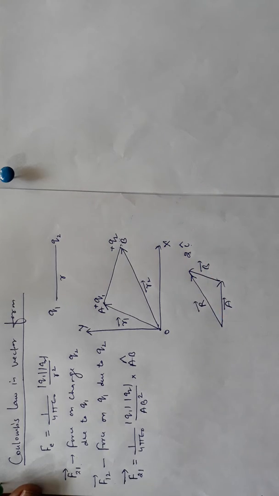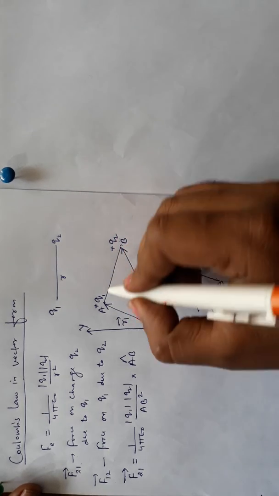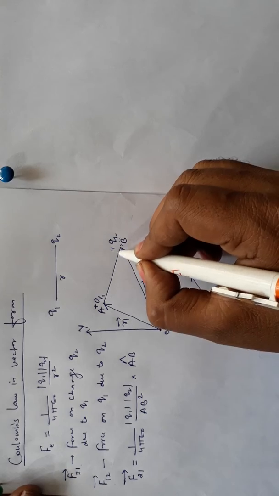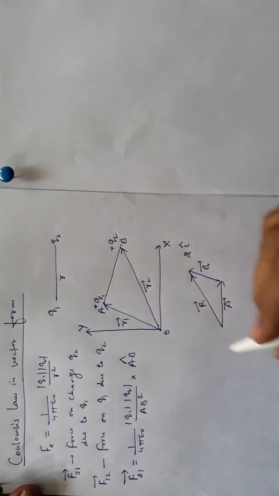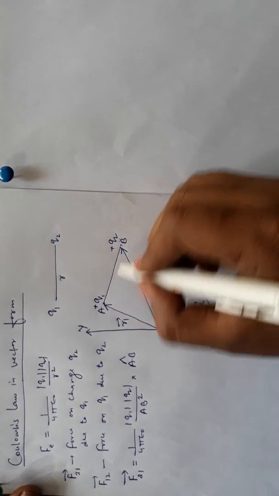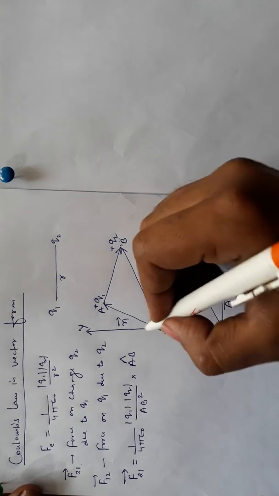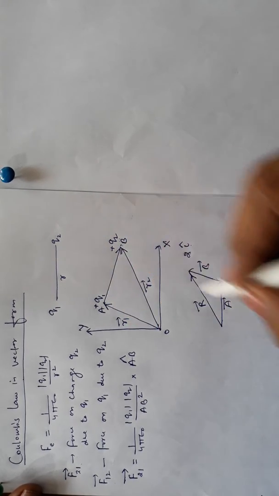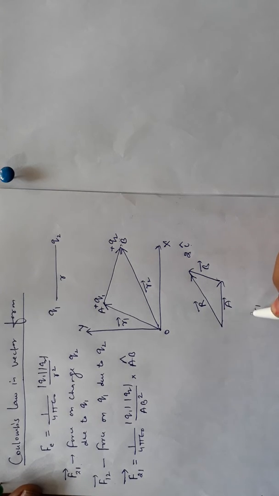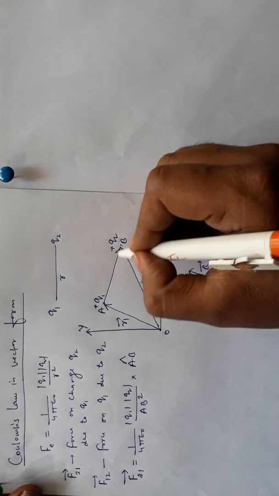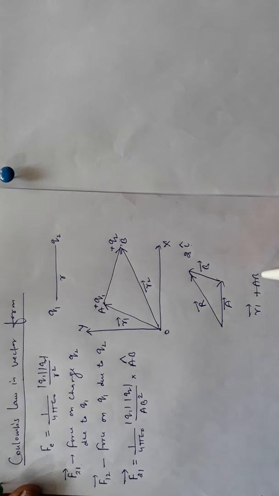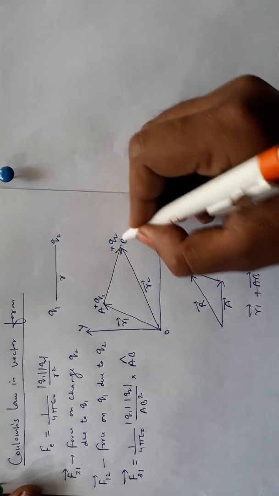Here, this is R1 and this is AB. So using the triangle law, R1 vector plus AB vector is equal to vector R2.